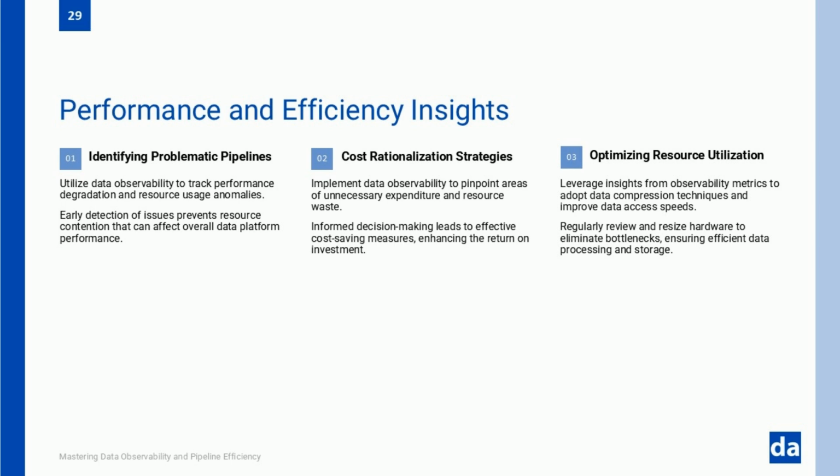Leverage observability metrics to embrace data compression and optimize storage. Regularly review and resize your infrastructure to eliminate bottlenecks. It's all about squeezing the most value out of every bit and byte. The key is not just knowing where you can save, but acting on it effectively. Observability transforms insights into tangible results.